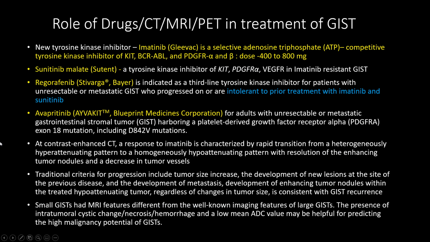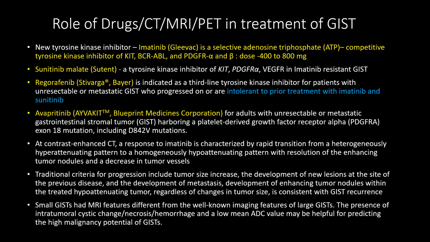So what is the role of drugs, CT, MRI and PET in the treatment of GIST? This is the new tyrosine kinase inhibitor, imatinib. It is Glivec, a selective adenosine triphosphate ATP competitive tyrosine kinase inhibitor which inhibits KIT, BCR-ABL, and platelet derived growth factor alpha and beta mutations.